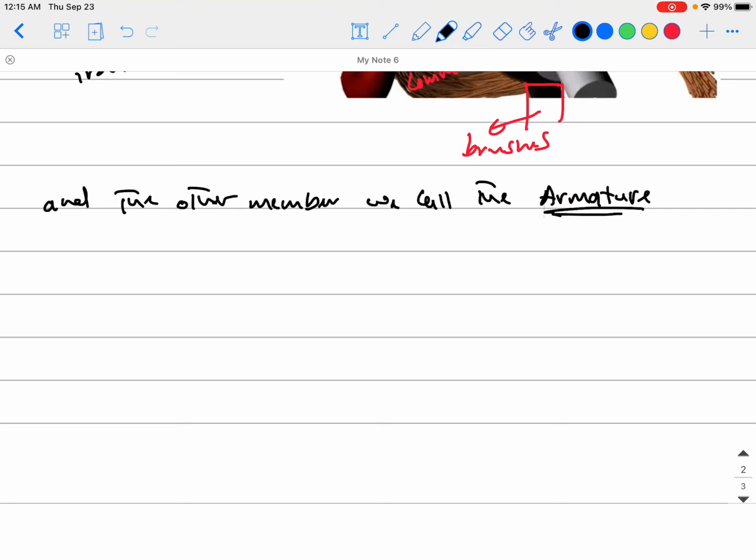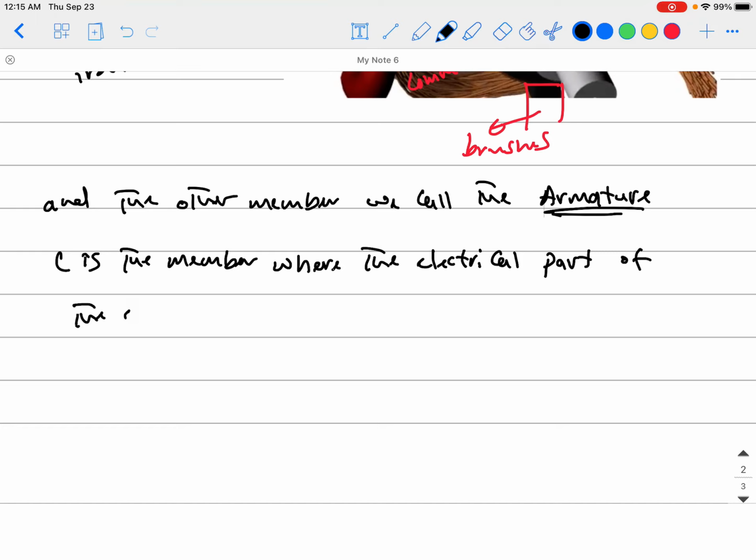The armature is the member where the electrical part of the electromechanical energy conversion happens.